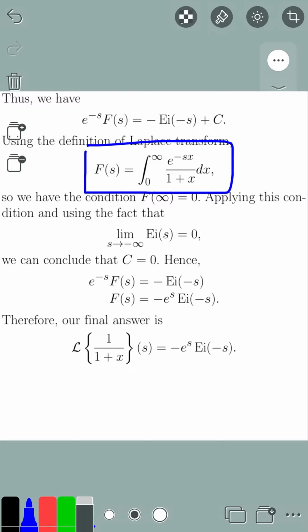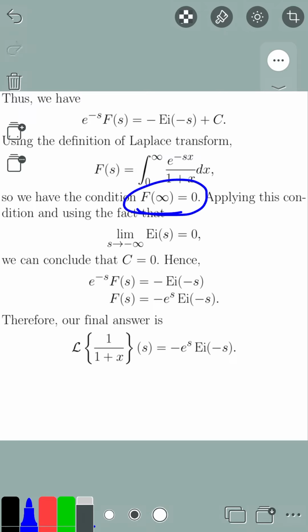Alright, so from this definition of f of s, we have the condition f of infinity, or the limit as s approaches infinity of f of s, is 0, because the limit as s approaches infinity of e to the negative sx is 0, so that whole integral is going to be 0.